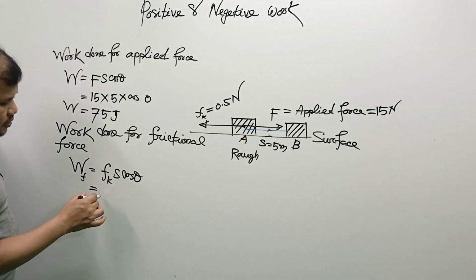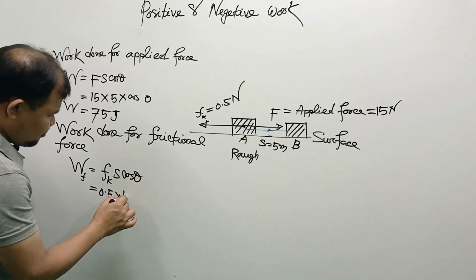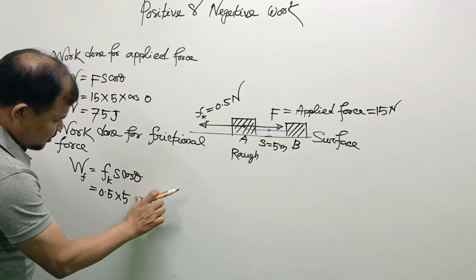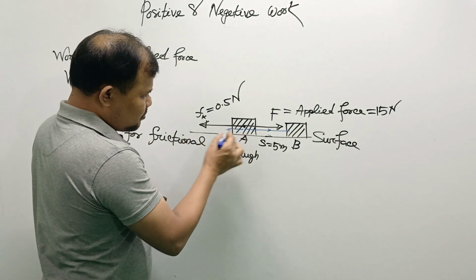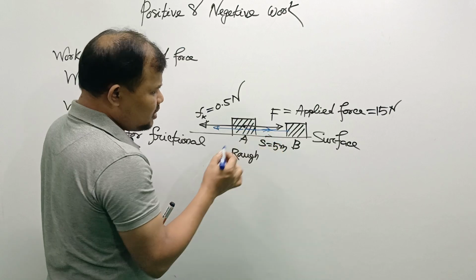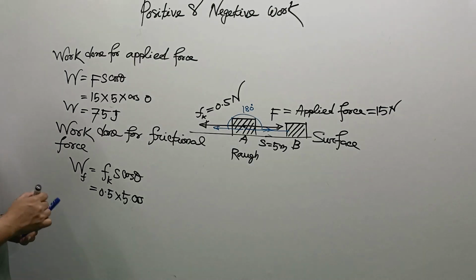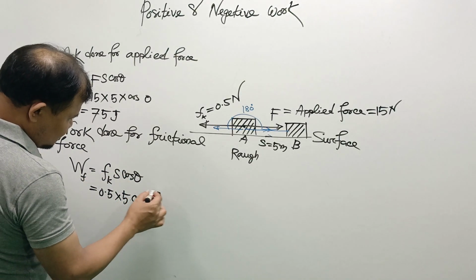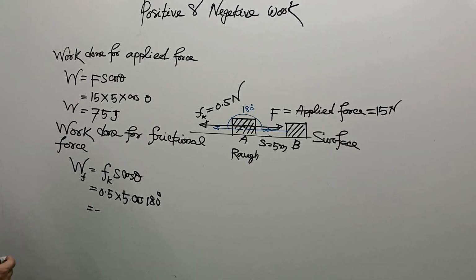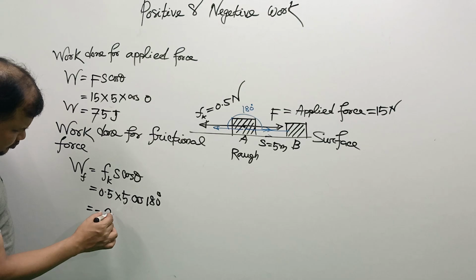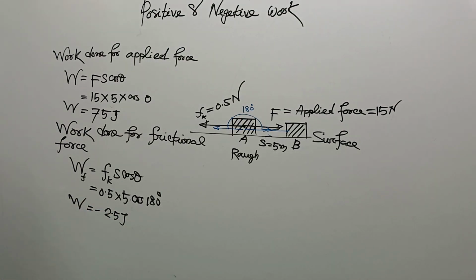Now we put the frictional force as 0.5 Newton and displacement as 5 meter. We can see this is the direction of the frictional force and this is the direction of the displacement, so the angle between frictional force and displacement is 180 degree. As the value is 180, there is a negative sign, so the work done is minus 2.5 joule. This is the example of negative work.